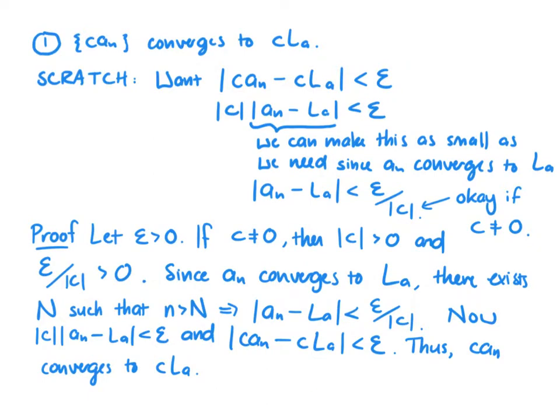I've only talked about the C non-zero case here, so let's go to C equals 0. There's not a whole lot to say, but we just want to make sure that we're doing this proof completely. So we covered C non-zero. Proof continued. If C is 0, then every term in the sequence is 0.